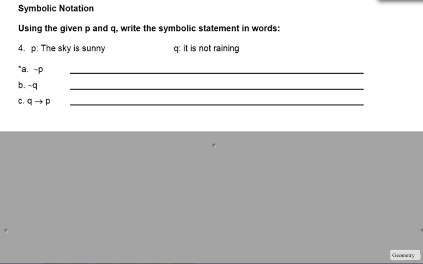So here, example A, we want to know the opposite of our P. So here's our P, the sky is sunny, and now we want to write the opposite of our P. So the opposite of being sunny, you can say the sky is cloudy, or you can say the sky is not sunny. Just remember, the opposite doesn't necessarily mean not. You can actually talk about the opposite of sunny being cloudy.